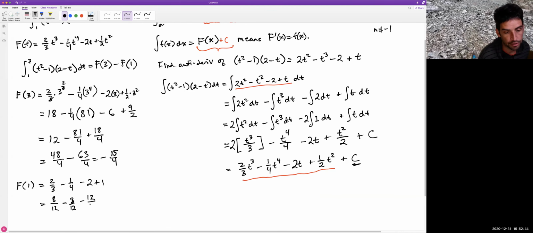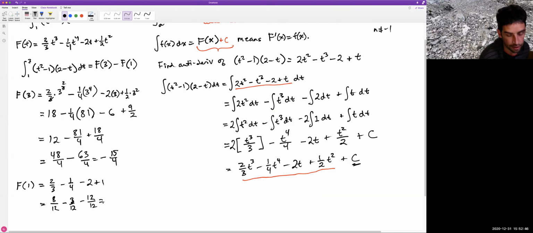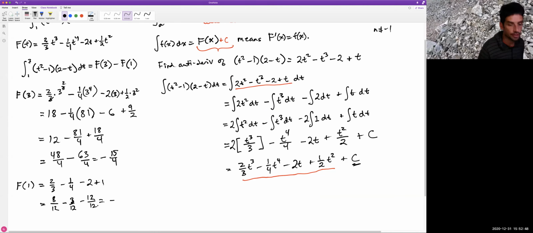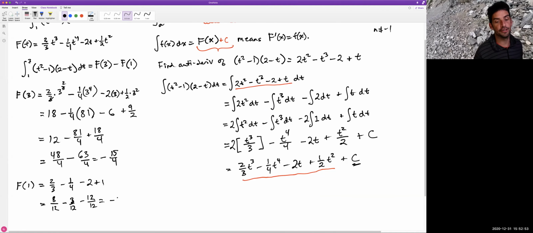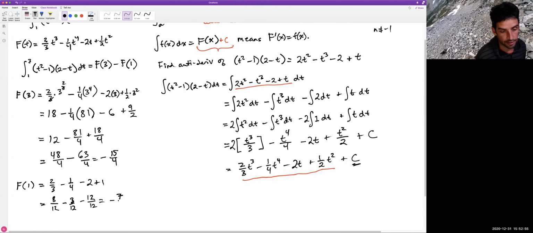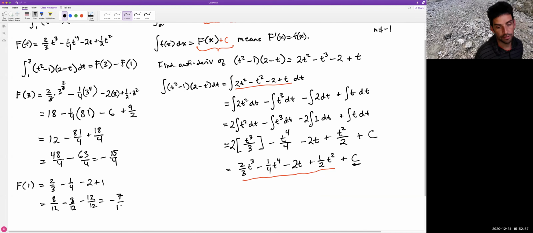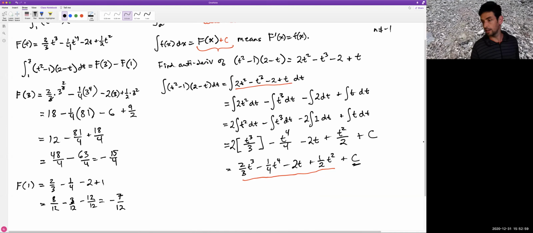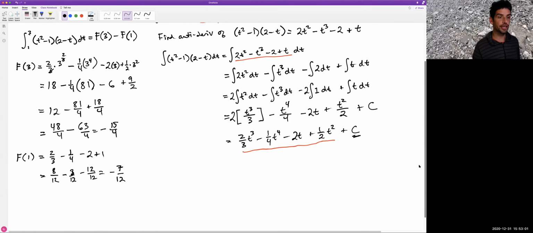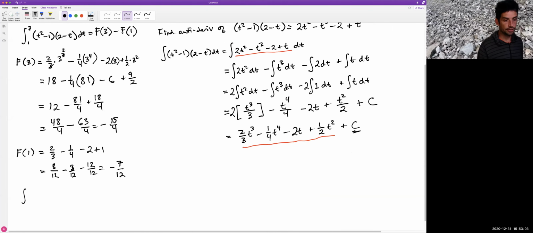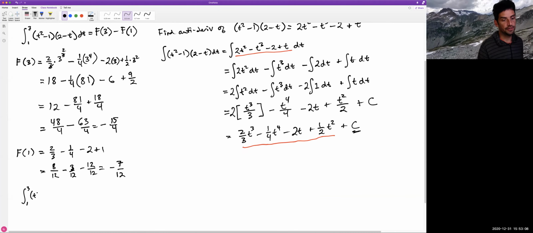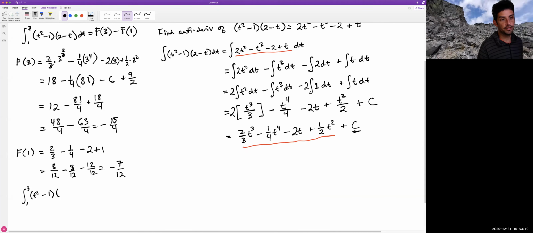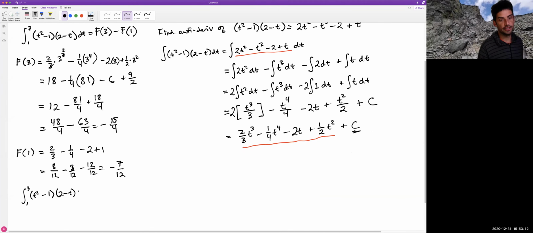So that's minus 12/12. So this looks like it's all going to be negative. What do we got? 8 minus 3 is 5. Minus 12 is negative 7/12.